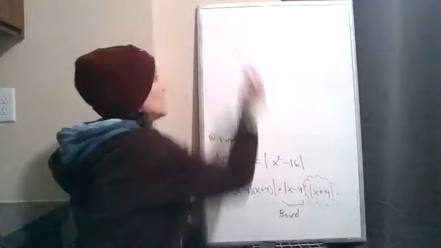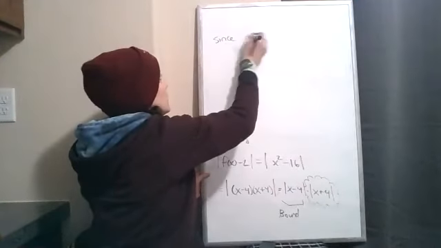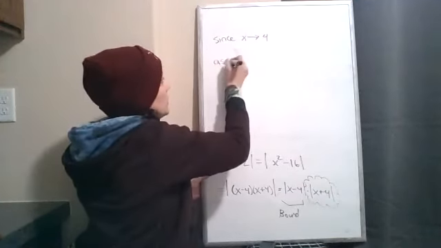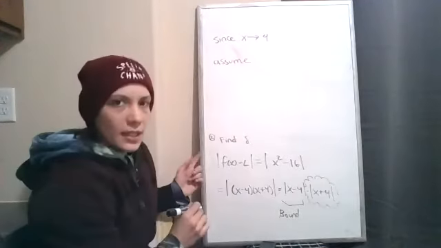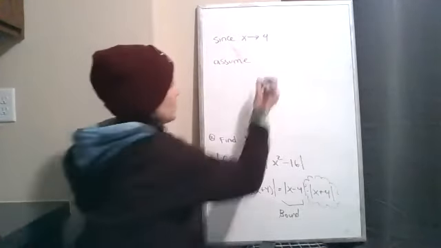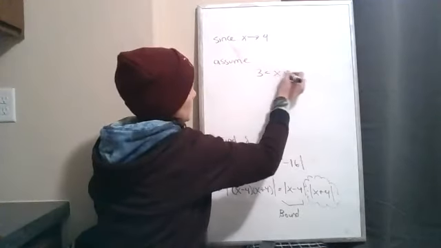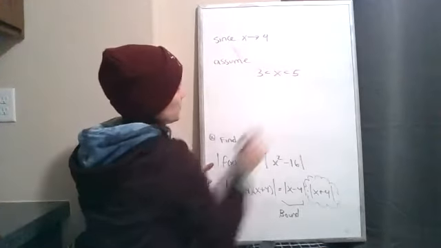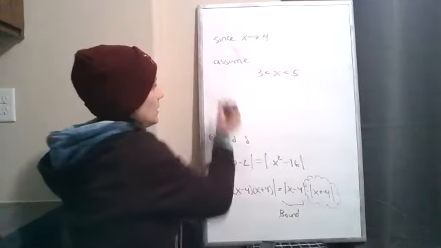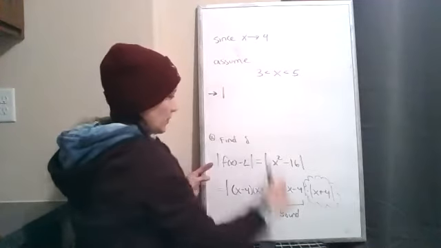So the idea is x is going to 4, assume. You're at least one space away, so you're from 3 to 5. 3 less than x less than 5. Then the absolute value of x minus 4.